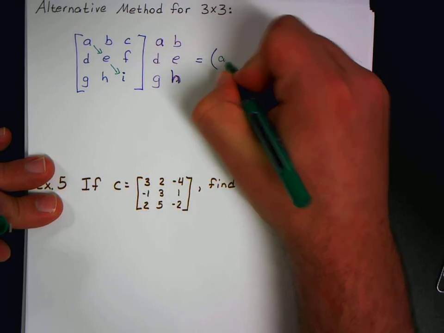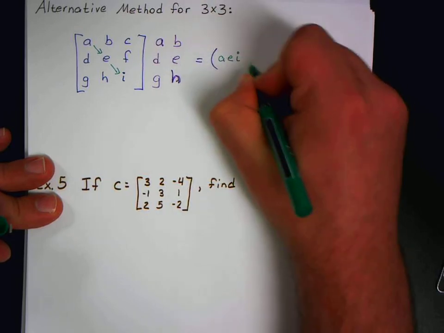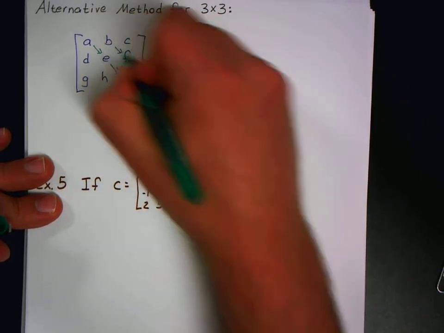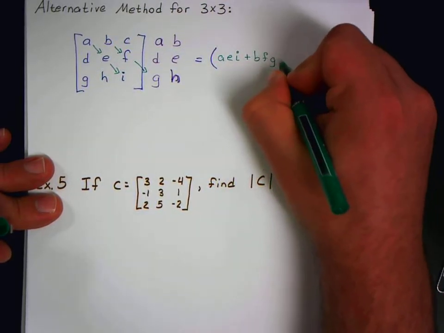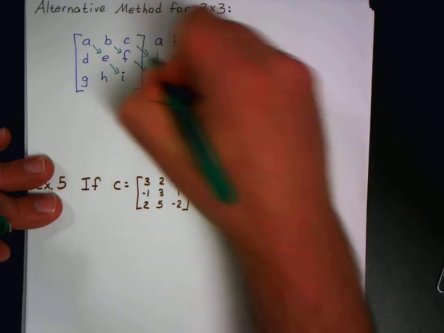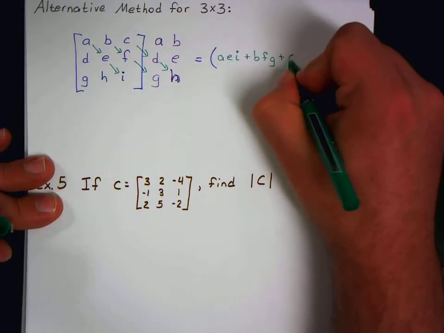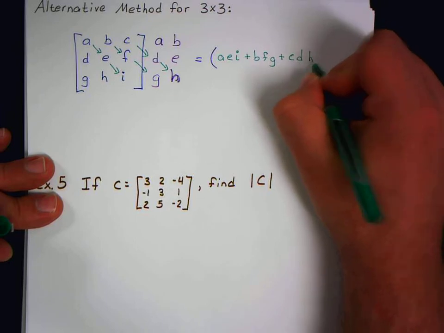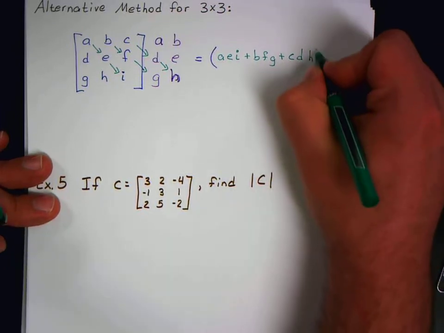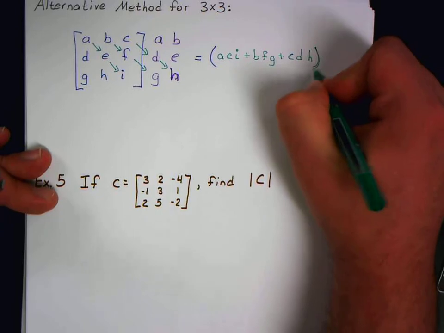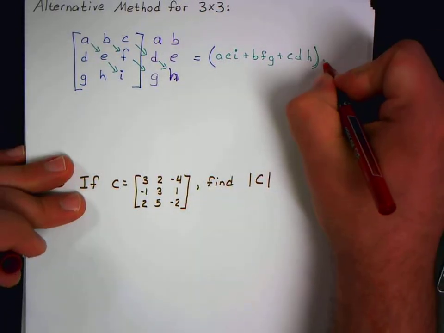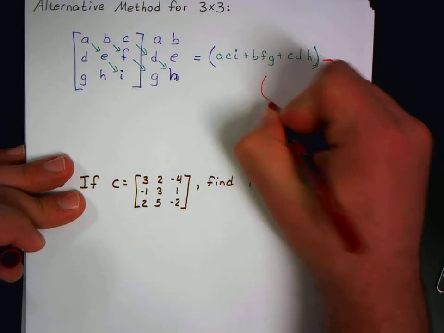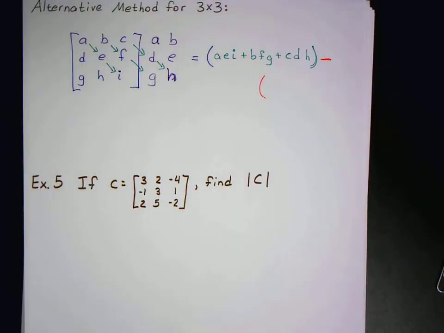We're going to take A times E times I plus this multiplication, plus, so any diagonal where you can multiply together three things. And then we're going to subtract off the multiplications in the opposite direction. So it's kind of like you're cross multiplying again.